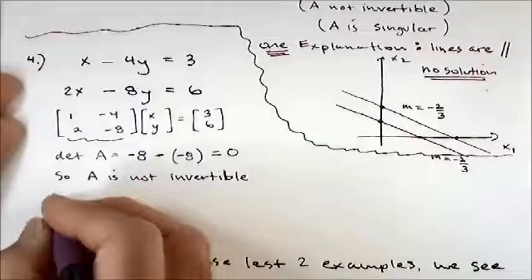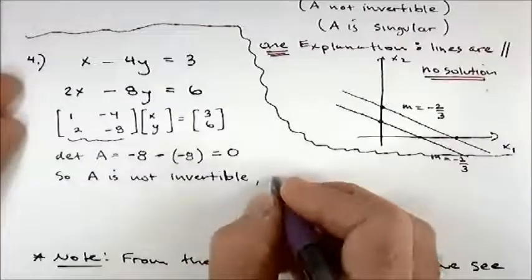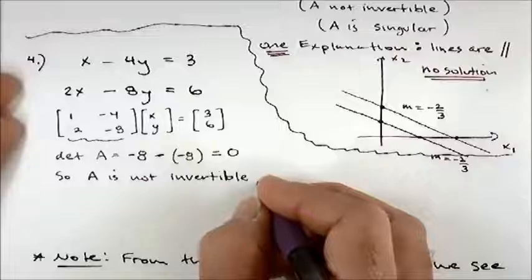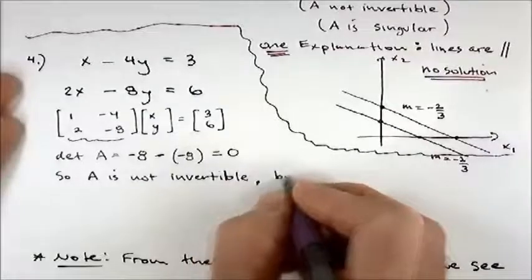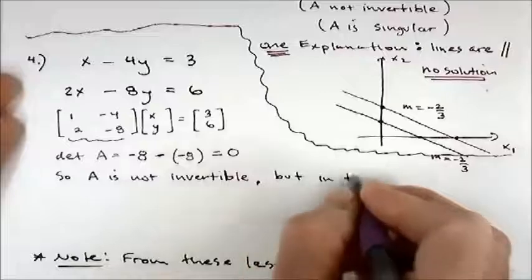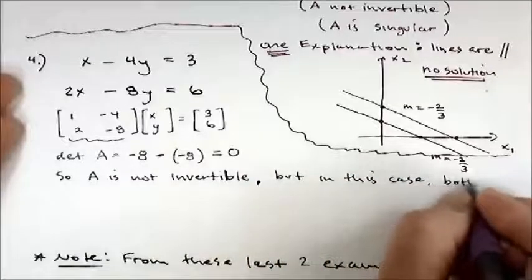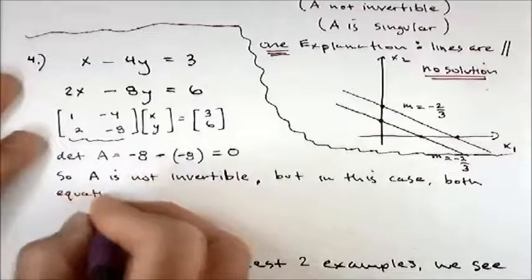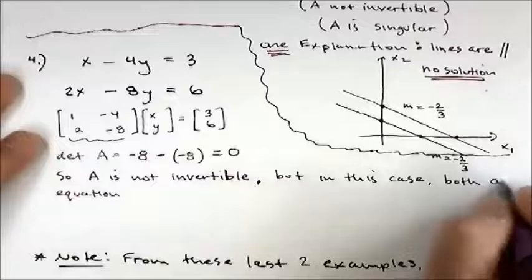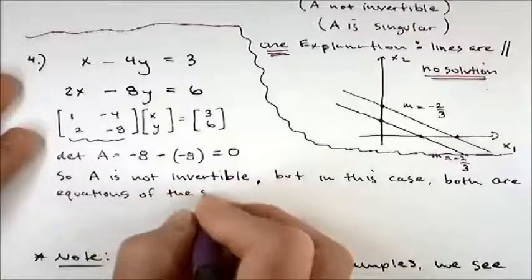So A is not invertible, but in this case, both are equations of the same line.